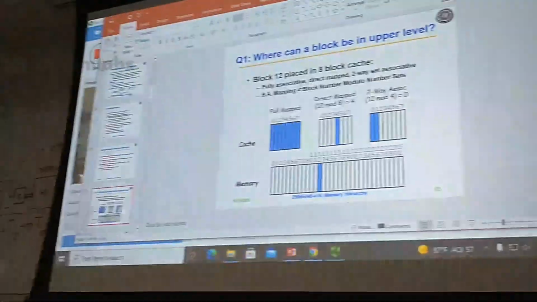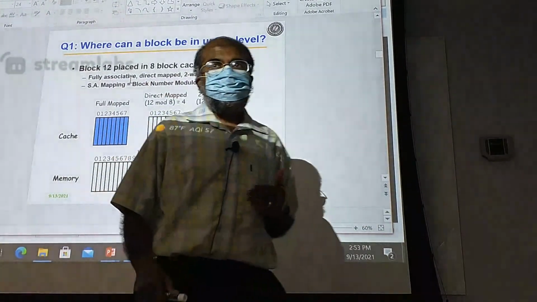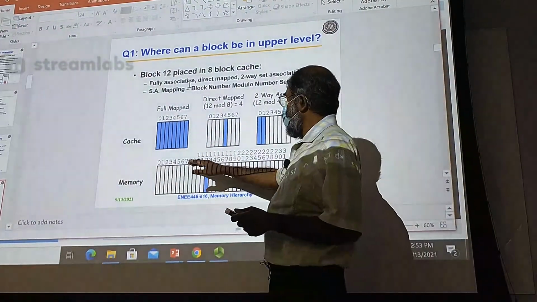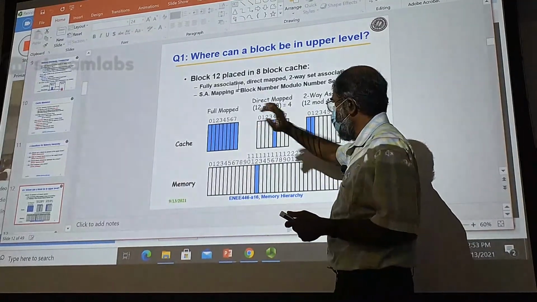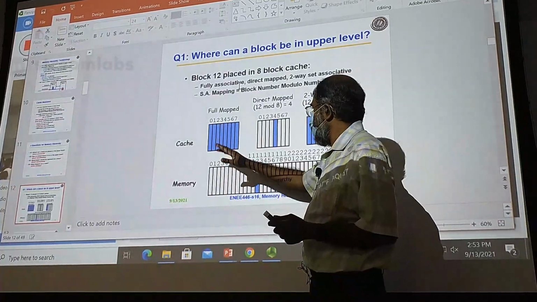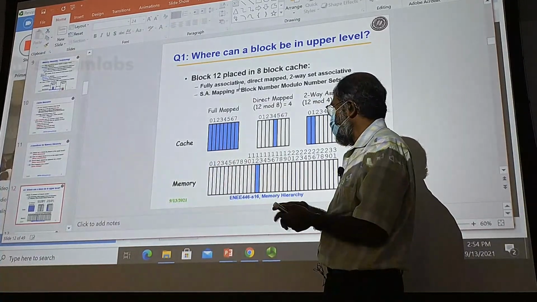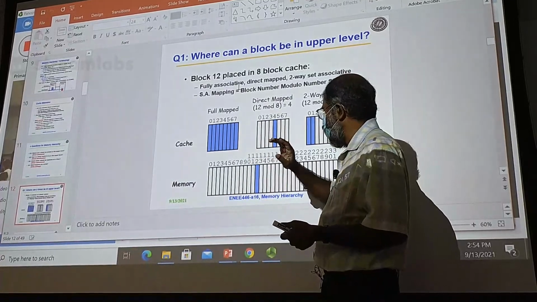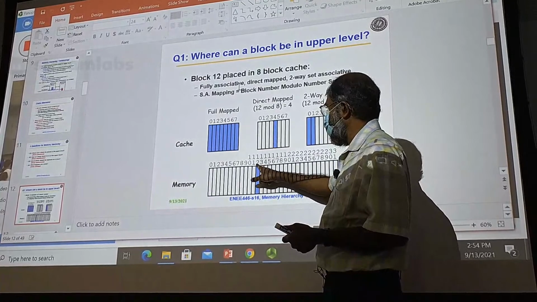So this is something you should be knowing from 350. 3 types of mapping. Maybe let's look at the fully associative mapping. So the processor has sent a request, and the cache controller figured that it should be going to memory block number 12.